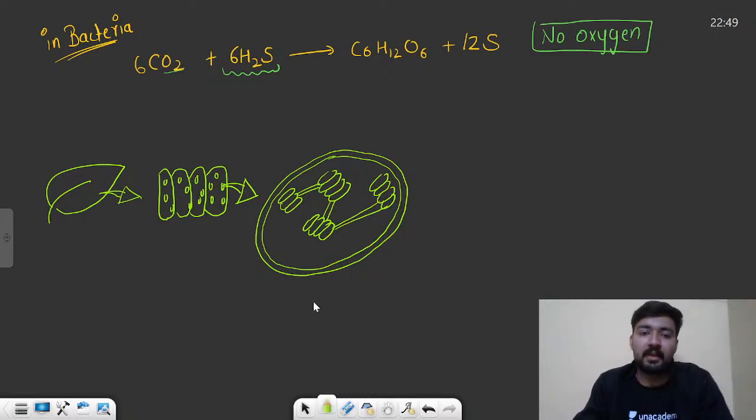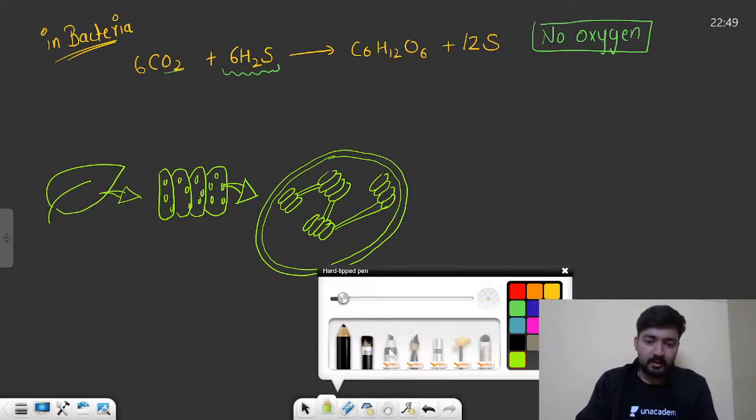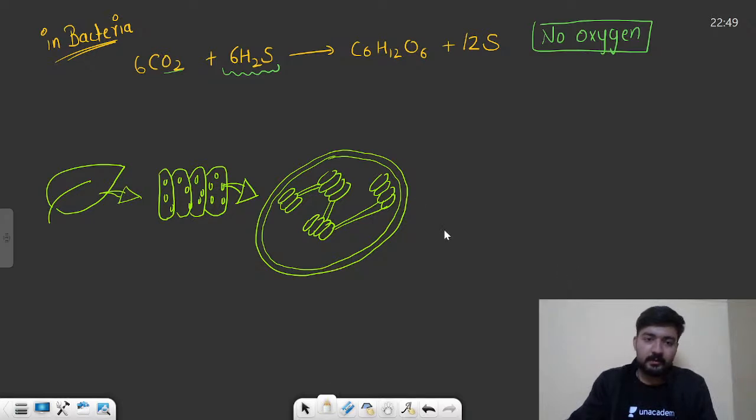It also contains its own DNA and ribosomes and all. It is a semi-autonomous organelle. And we know that this whole space is the stroma. This is a granum, and multiple granum are grana.